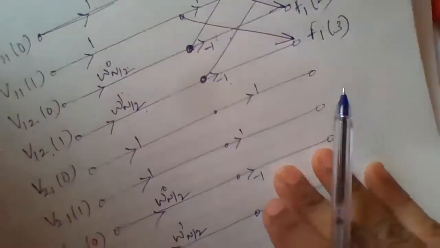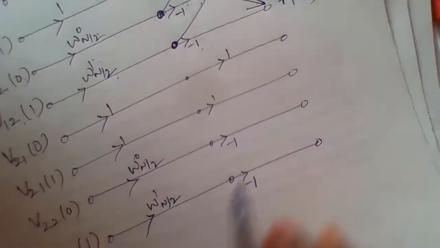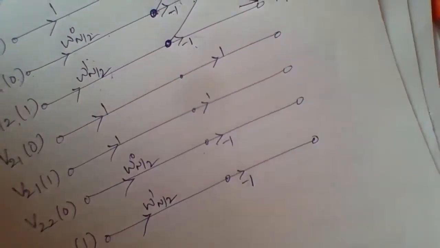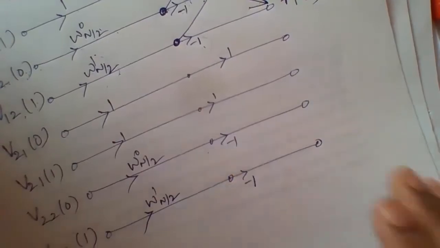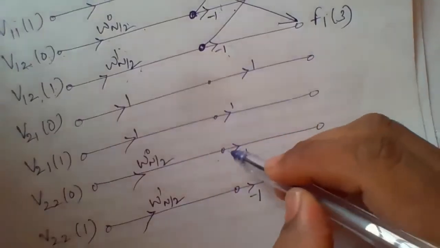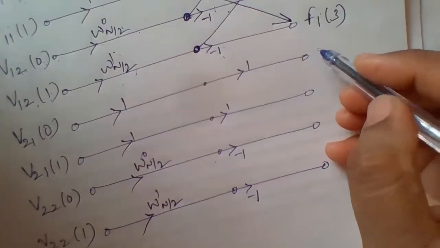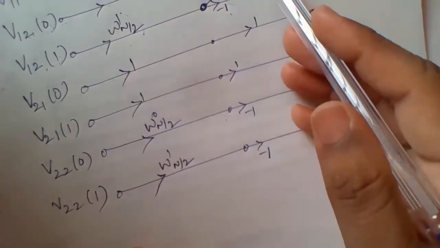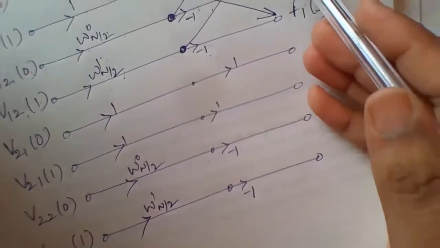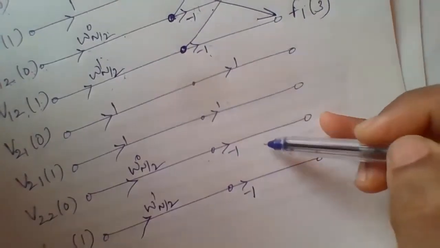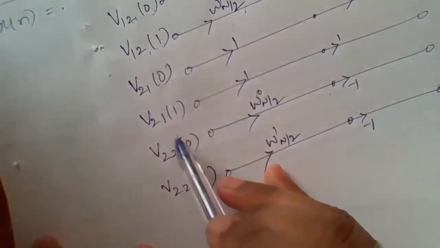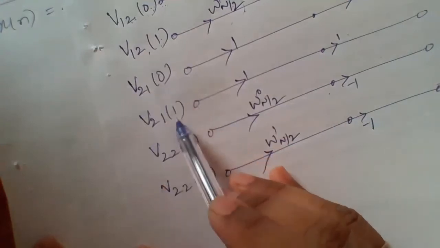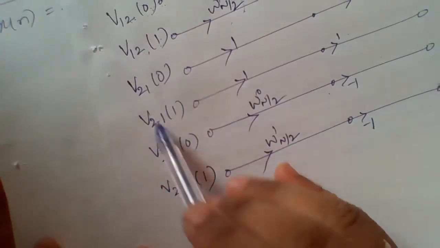Similarly we will write for the second half also. Without any doubt you can directly join, because the second half is exactly symmetrical to the first half. Whatever we are doing with f1, the same thing will be repeated for f2. The only thing is on the LHS, we have v21 and v22, only the signals will differ.